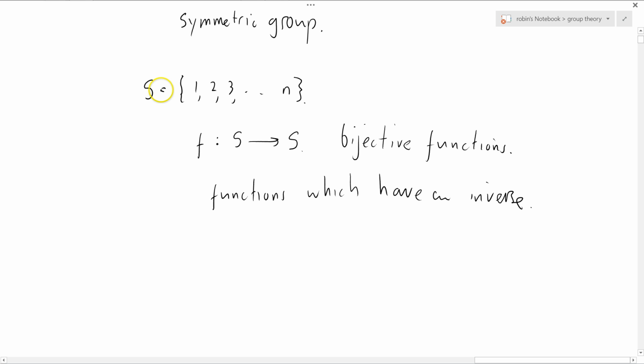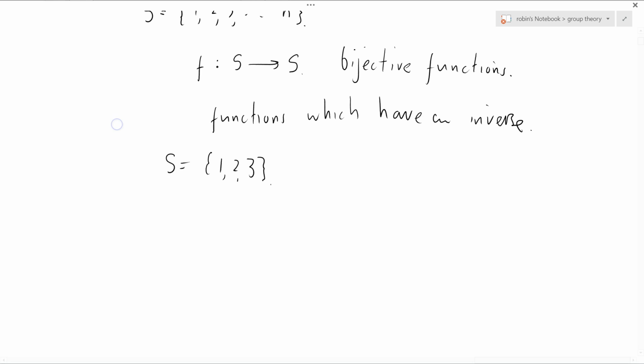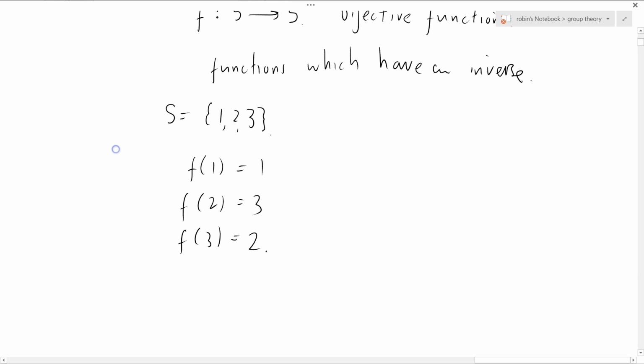So something like this. If I just consider S equals, let's just say 1, 2, 3. So the kind of functions I mean are, let's just say f of 1 equals 1, f of 2 equals 3, and f of 3 equals 2. So it's basically f has got to be 1 to 1 and onto. It's just a bijection.